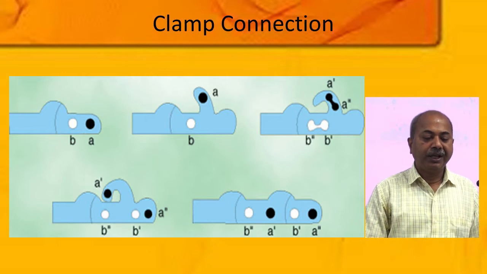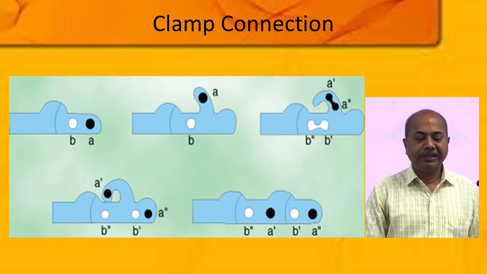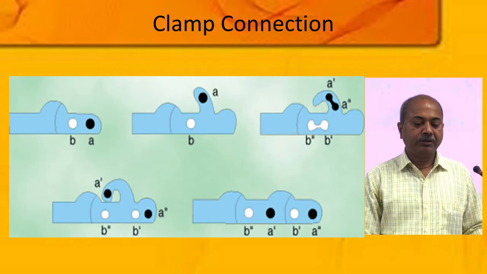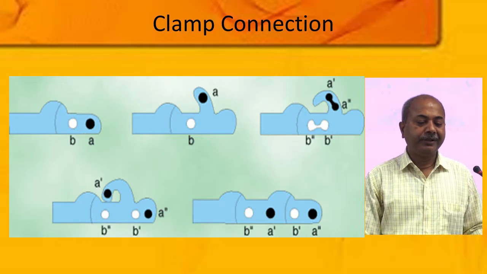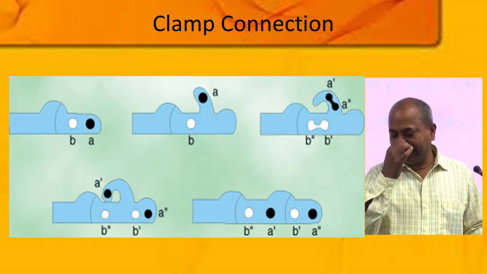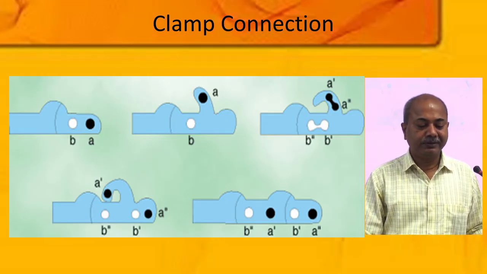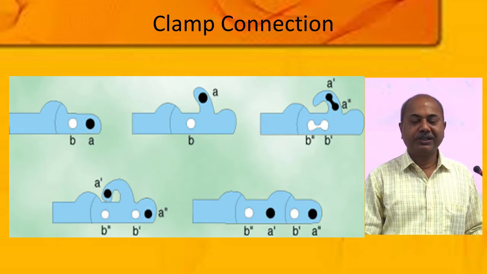Then the two nuclei divide side by side, A having A dash also, and B having B dash also, and then there is coupling, you can say, of the A with B dash, A dash with B, and as a result dikaryotization happens, and in the next phase dikaryotic mycelium appears.